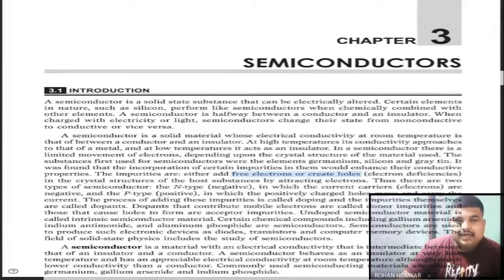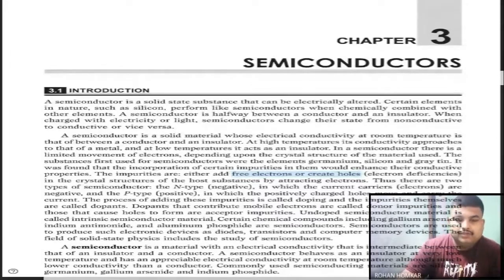It means we can have excess electrons, or we can have a deficiency of electrons. Because of these two conditions, the structures of the material are completely different: one has an extra electron and the other has one or two electrons less. It means one type can give electrons and the other can accommodate electrons. That is the beauty of this particular material.